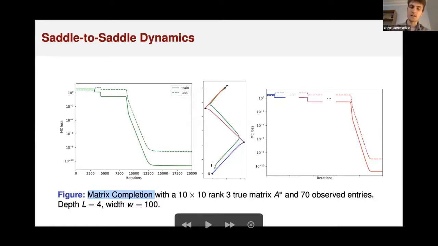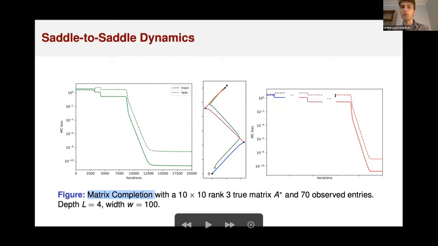You can see that for finite alpha, the path of gradient flow follows this sequence of saddles. And on the right, if we plot the train and test error of each of these three paths, we see that we really recover the same drops exactly.